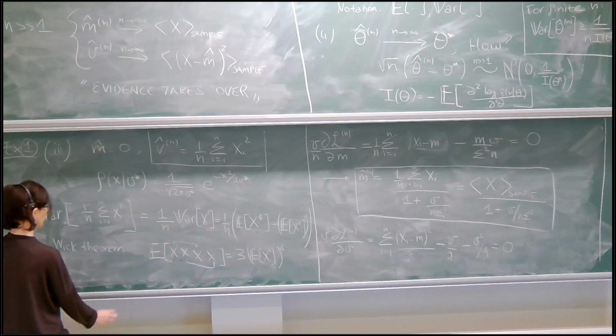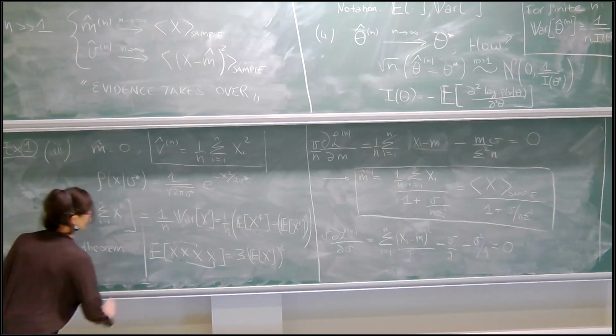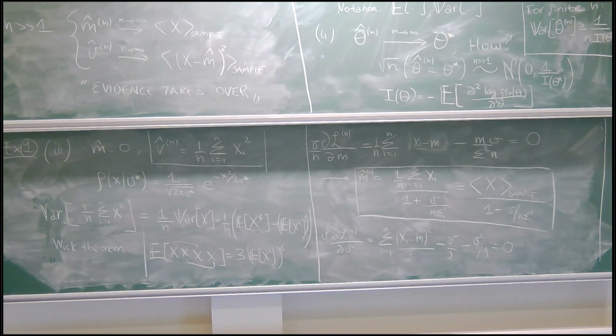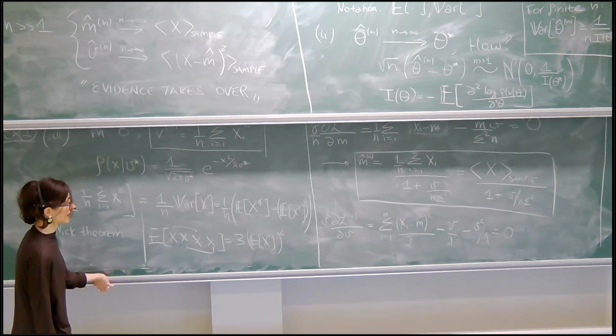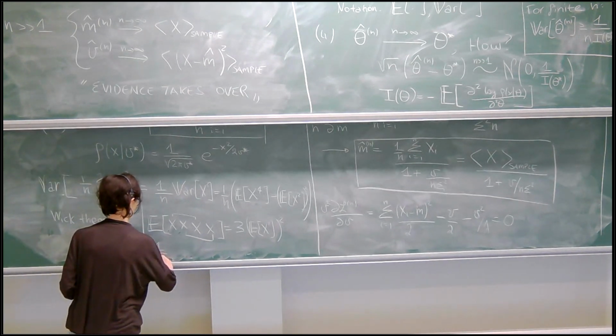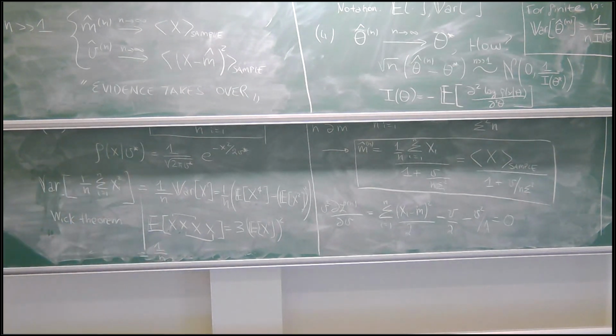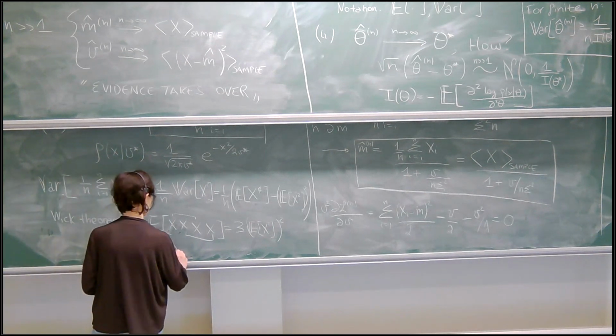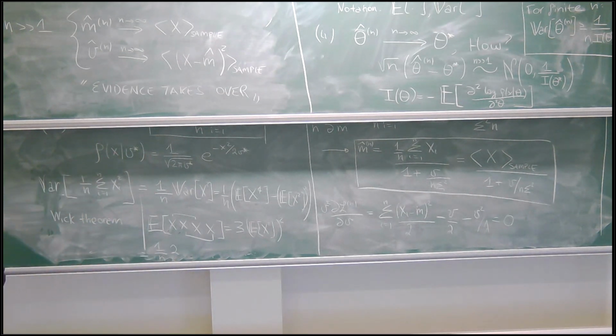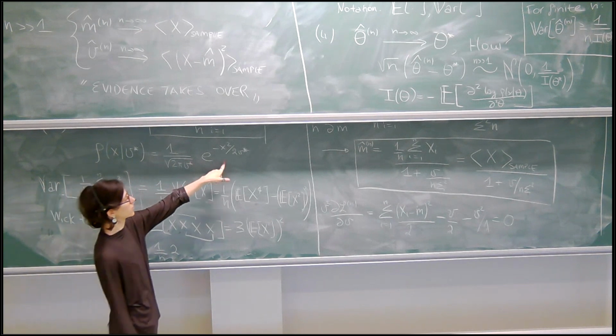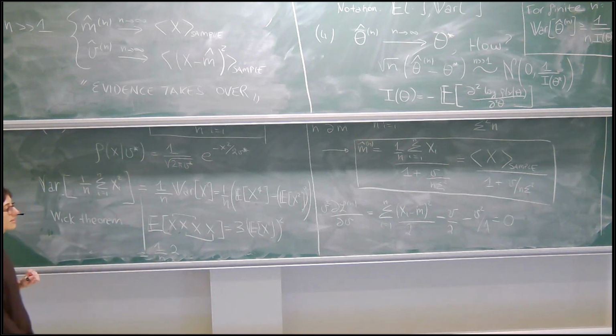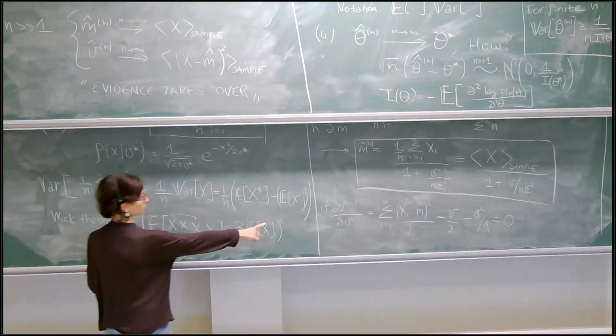So in the end, what we find using this trick is that our variance is 1 over n times twice the expectation of x squared with respect to our Gaussian distribution, to the power 2. And this is just the variance to the power 2.